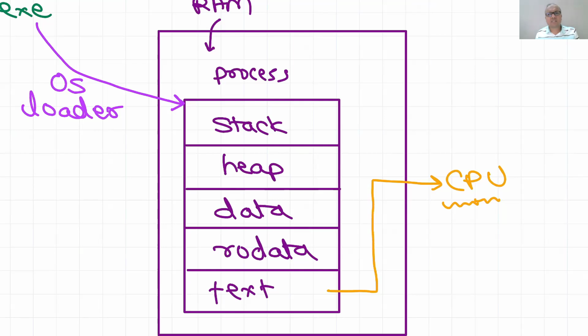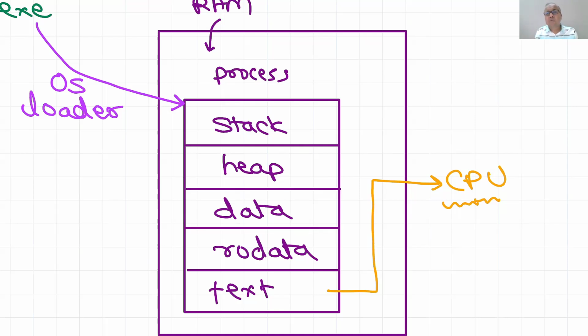What that process contains? It basically copies the text section, data section, read-only data section from the hard disk, and it also creates the additional sections like stack section and heap section. I guess yesterday I talked about the stack-based execution. So in stack-based execution, for every function an activation record or stack frame is created when the function is called. It stores the local variables, and when the function is finished, then that stack frame is destroyed, all local variables are gone.